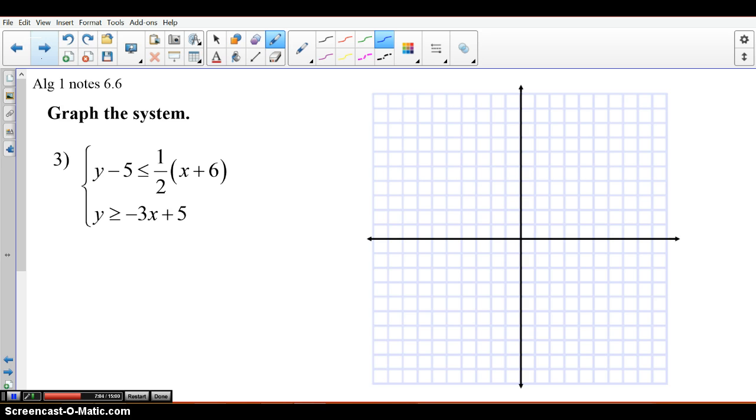I think this is an interesting one, and some of you may have a different way of graphing the first equation than I do. But I'm looking at it this way. I'm in point-slope form. I know my slope is 1/2, and I know I go through the point -6, 5.